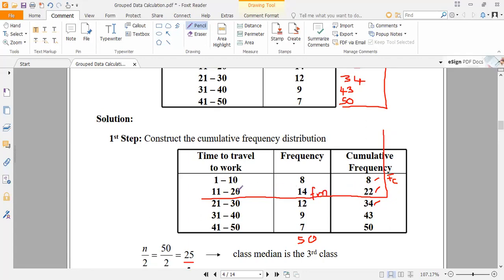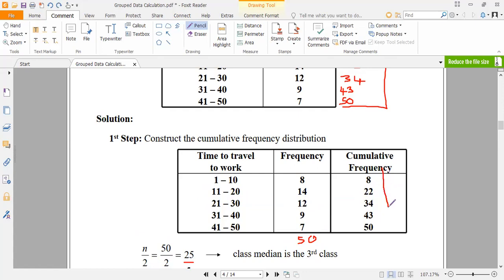Then we go to this line, our L will be the lower bound. I repeat, you get your 25, 50 divided by 2, because median means half, 25. And you go to where the median class will fall. So here, which number is equal to 25 or exceeds 25?